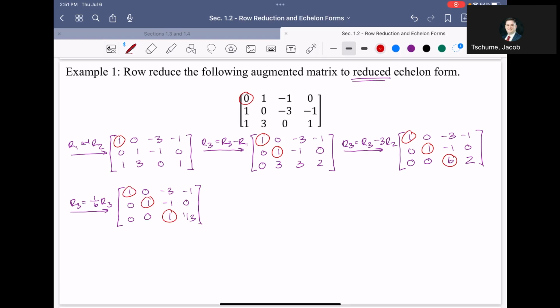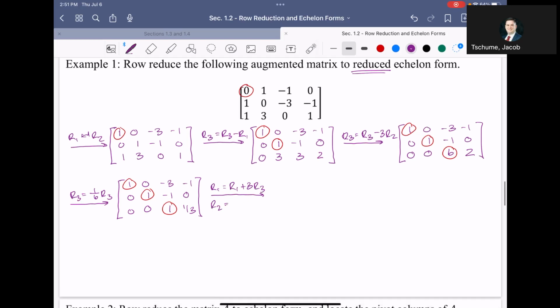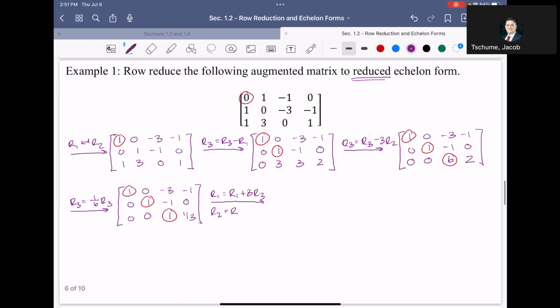Our last step is to make the 2 numbers above that last 1 a 0, and then we will be done. So we have to replace row 1 and row 2 with different things. For row 1, we're going to add 3 row 3s because -3 plus 3 would be 0. Row 2 is a little bit nicer here because all you have to do is take row 2 and add row 1.